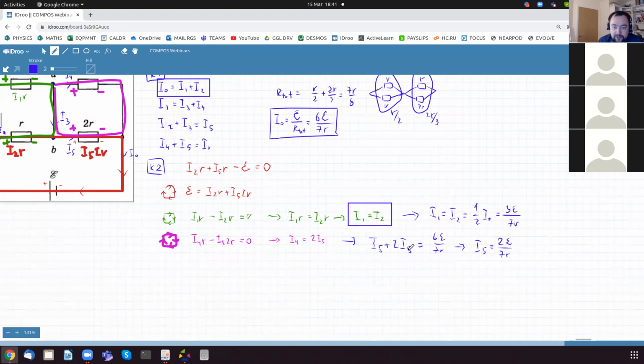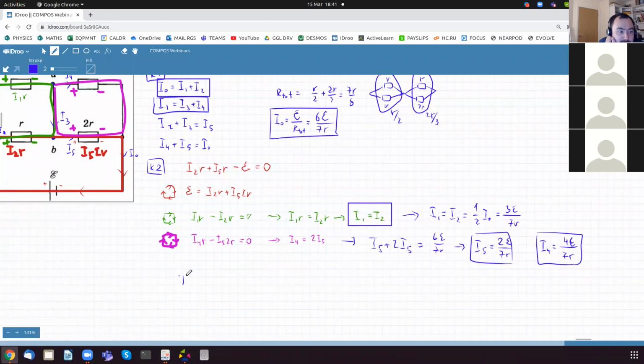We found I5, we can find I4. I4 is double I5, so it's 4 EMF divided by 7R. So we have this, and finally we need I3. And I3 we can figure out from here.